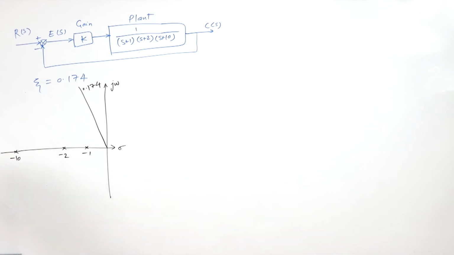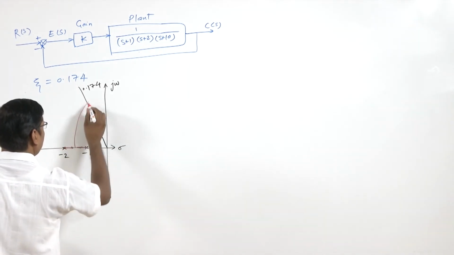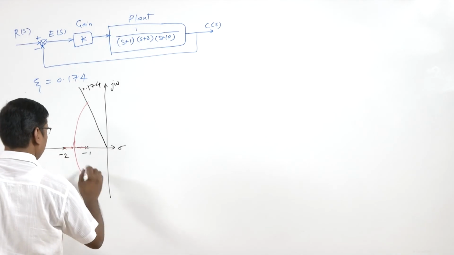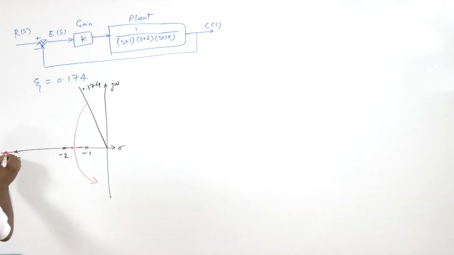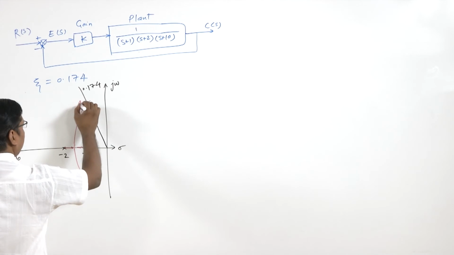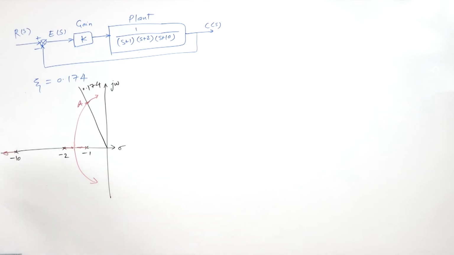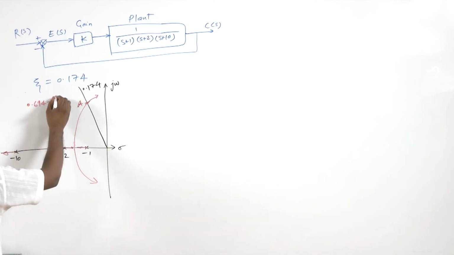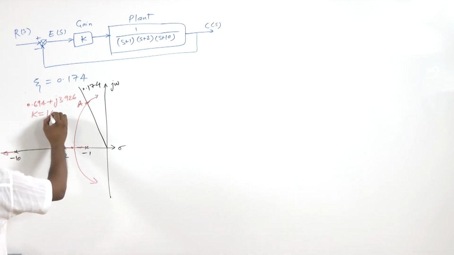So we have a root locus that is cutting this line. Here it may cut this line at A. This A is 0.694 plus j3.926 for K equal to 164.6.